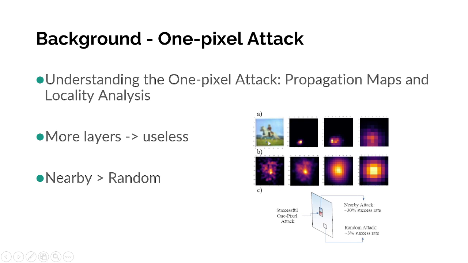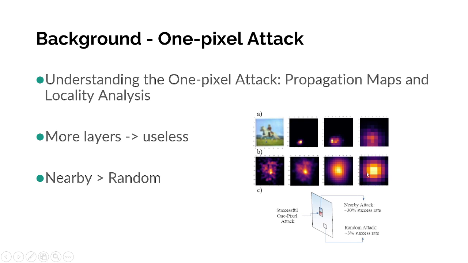It's only one pixel in the original input, but when it goes into the second layer, it has a bigger impact on this image. And then going into the next layer, the impact of this noise becomes bigger and bigger in every next layer of the deep learning model.